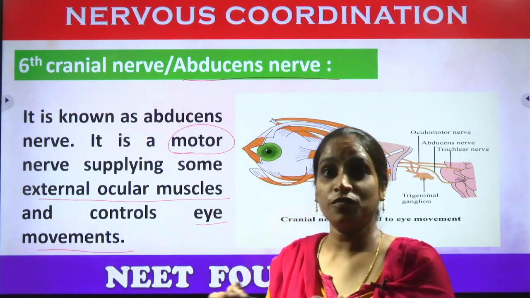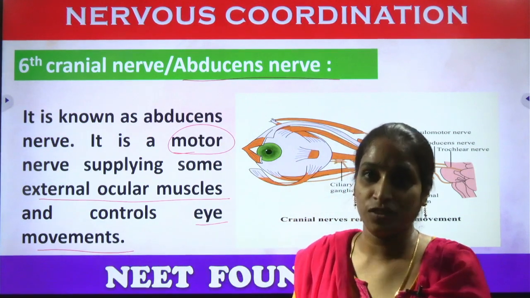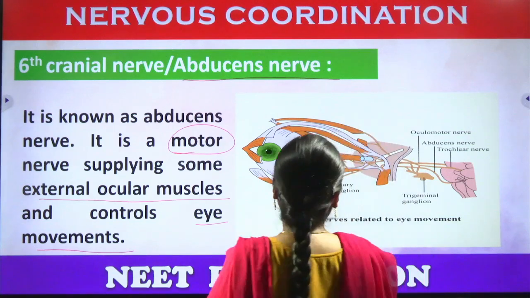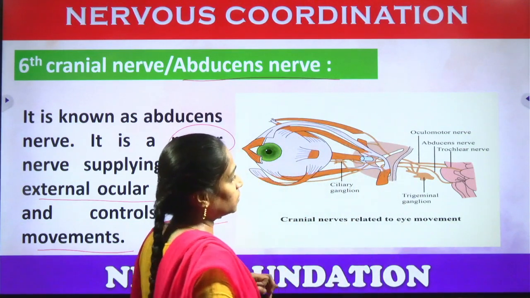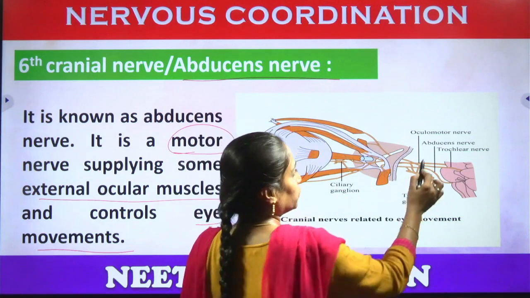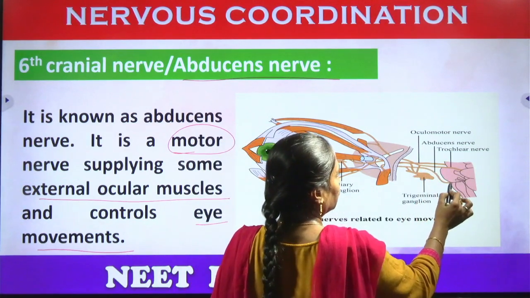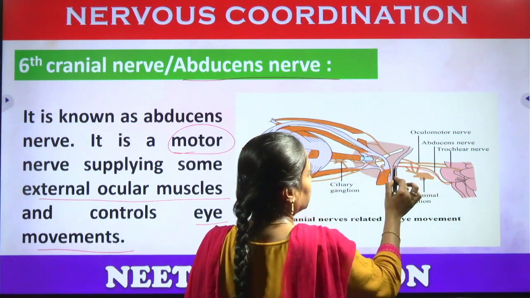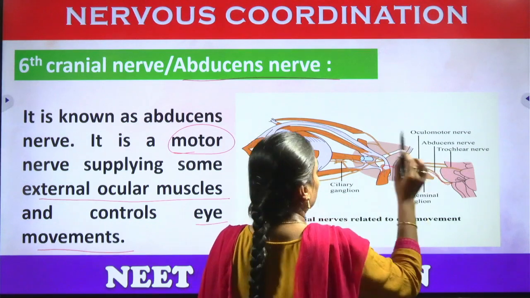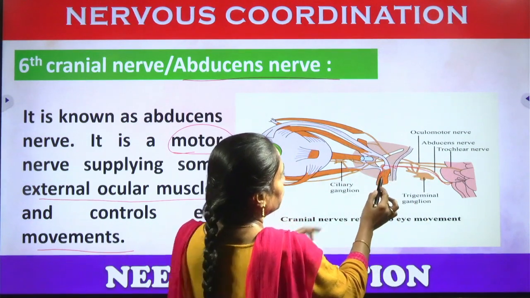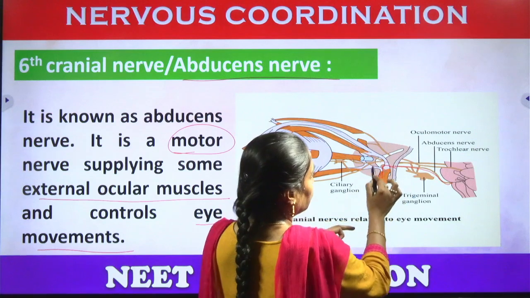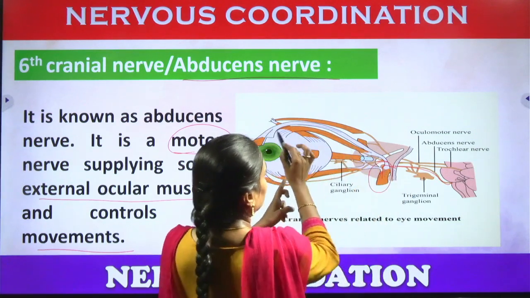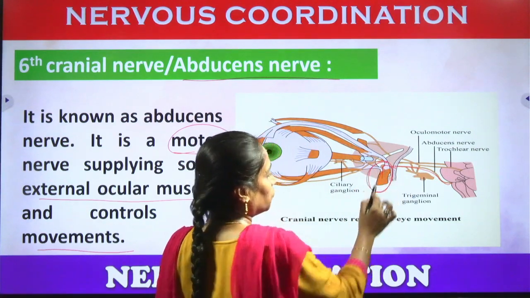How many pairs of nerves are attached to the eyes, you see? Next, see in the picture here, this is the abducens nerve. Where is the abducens nerve? This is the abducens nerve. It is responsible for the root of the eye muscles. Yes, this partition is the root of the eye muscles.